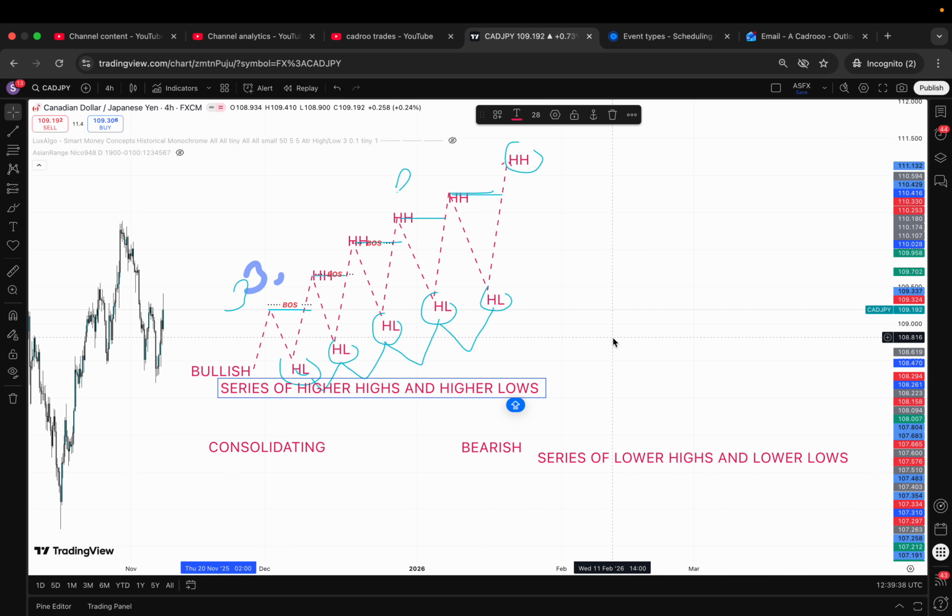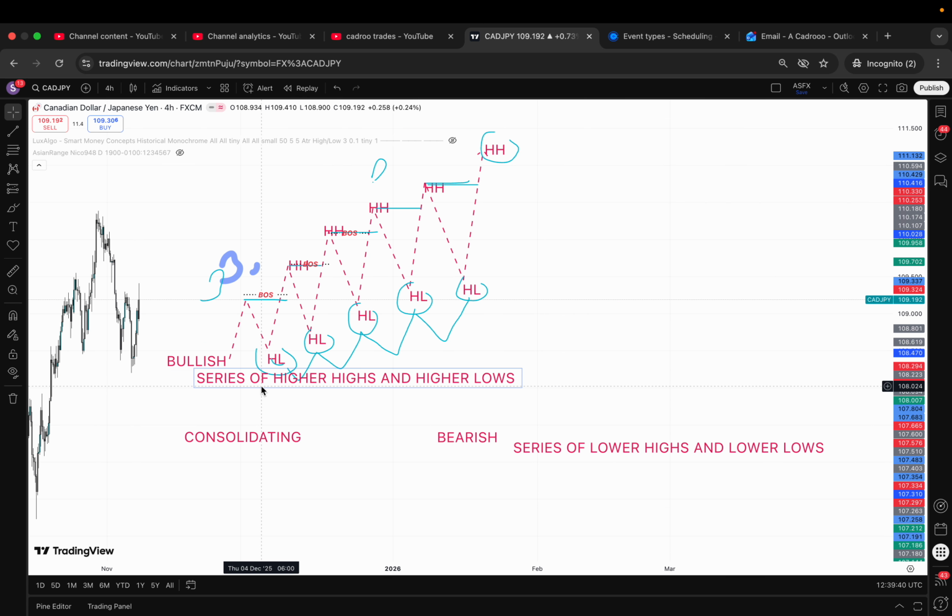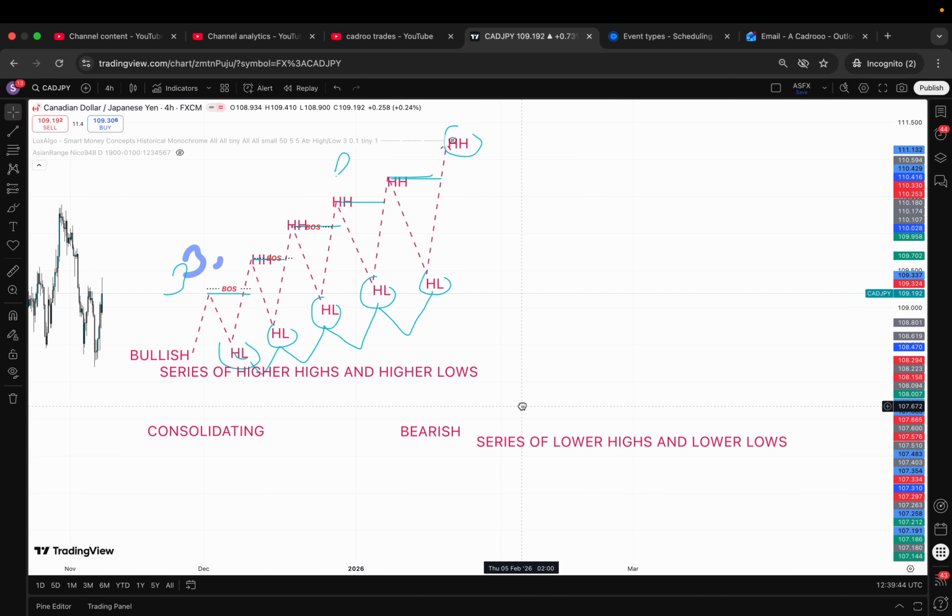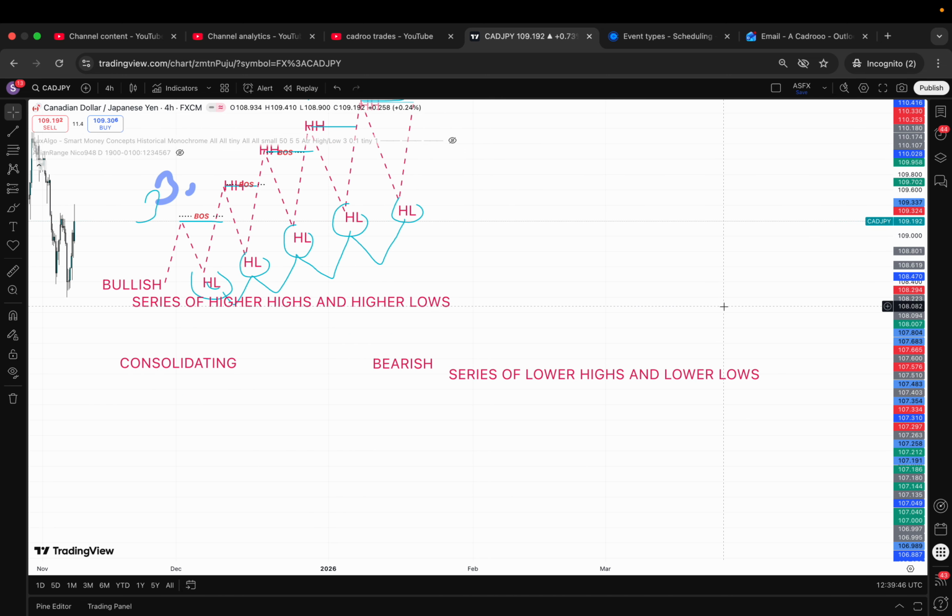It's as simple as that, guys. A bullish market you identify from the series of higher highs and higher lows, and a bearish market you identify by the series of lower highs and lower lows, which simply means when the market is going down, the market is in a downtrend. It's literally the exact opposite of higher highs and higher lows, the patterns, the sequence.